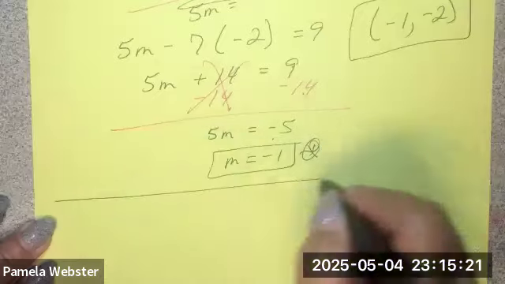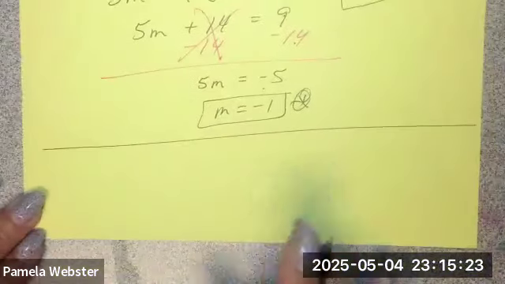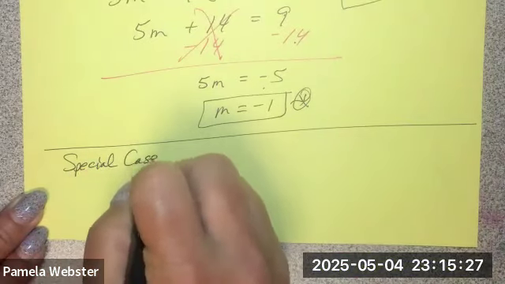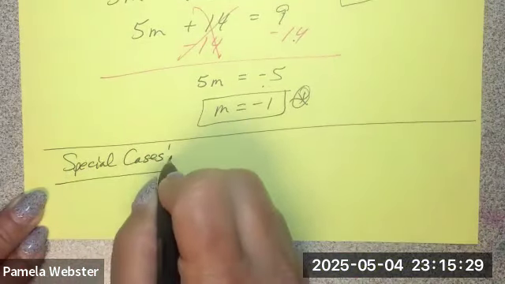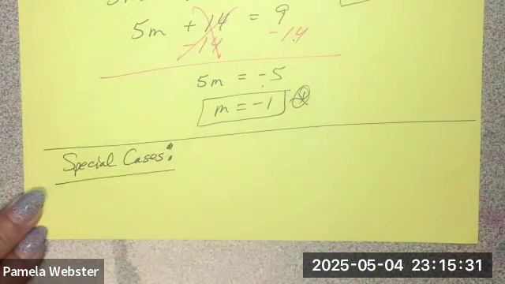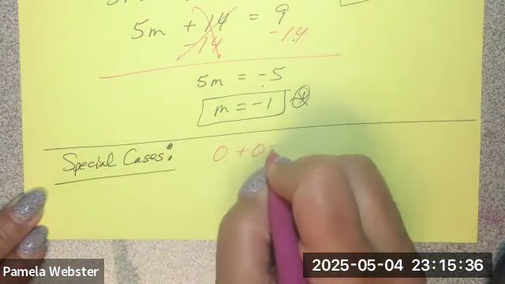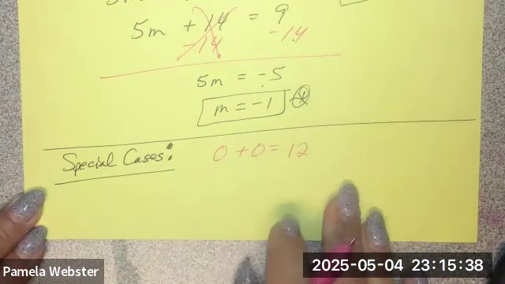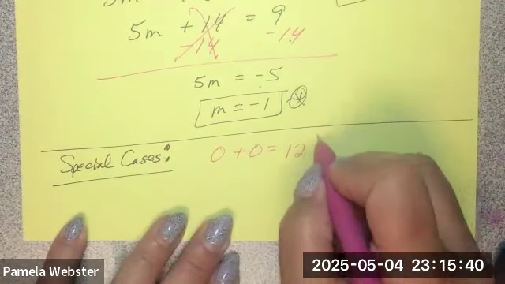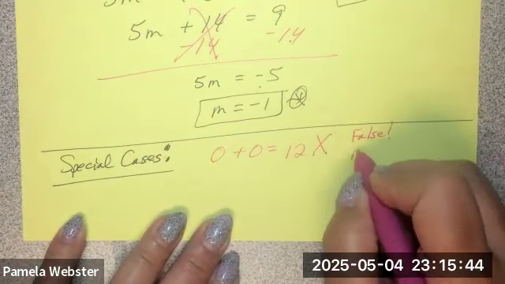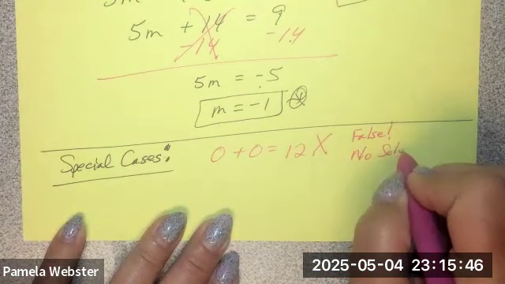Without working one of each special case, I just want to make sure everybody remembers. We might end up with one in a minute. But if I end up with 0 plus 0 equals 12, you're going to say that's a false statement, and you're going to say no solution.